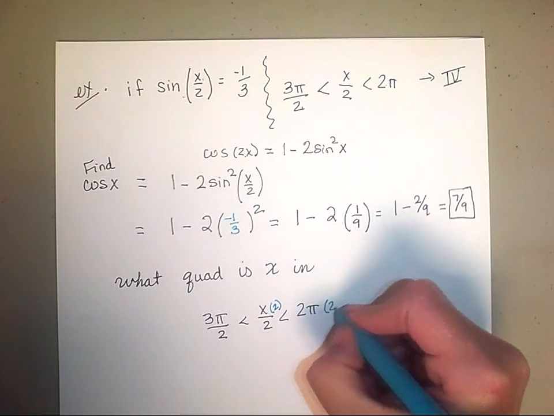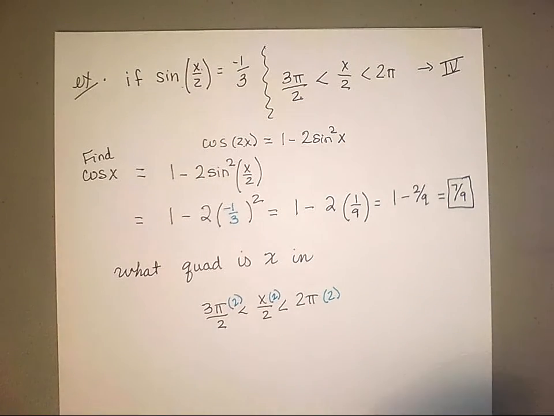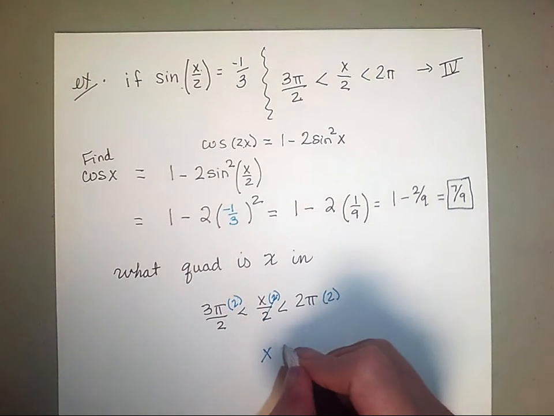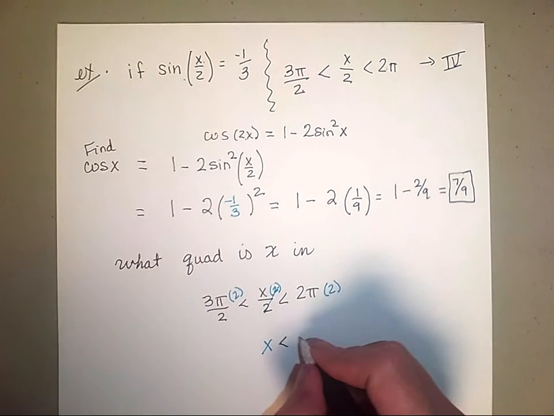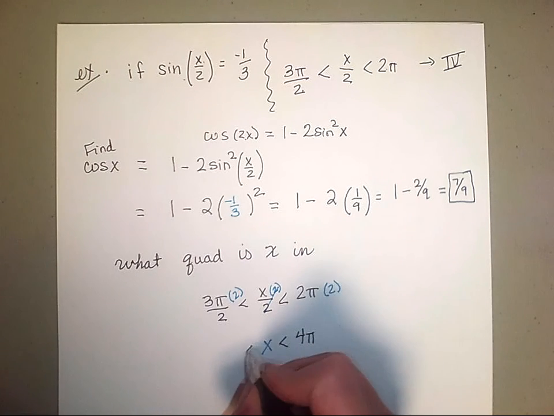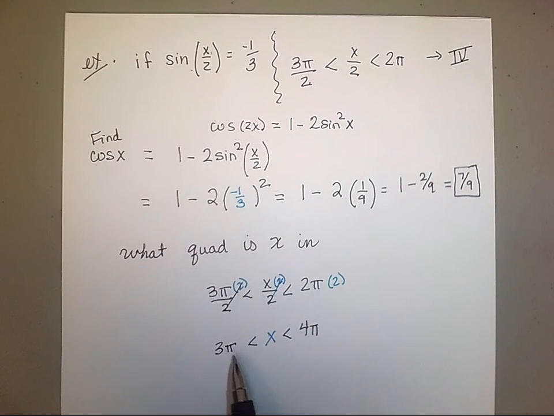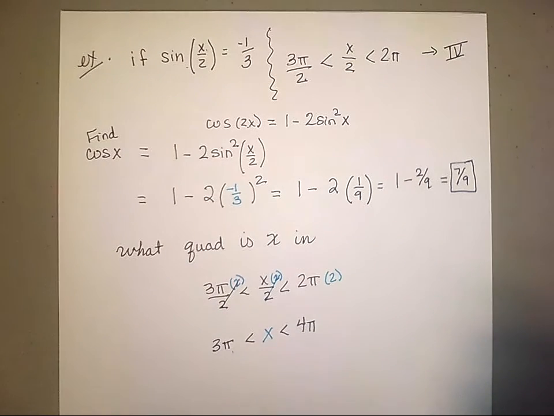I would need to multiply this by 2, this by 2, and this by 2. So in the middle, the 2's would cancel and we'd be left with just x. And now we would see that x has to be between 3 pi and 2 pi times 2, which is 4 pi. So x can go between 3 pi and 4 pi. So that's actually a pretty big place for it to live.